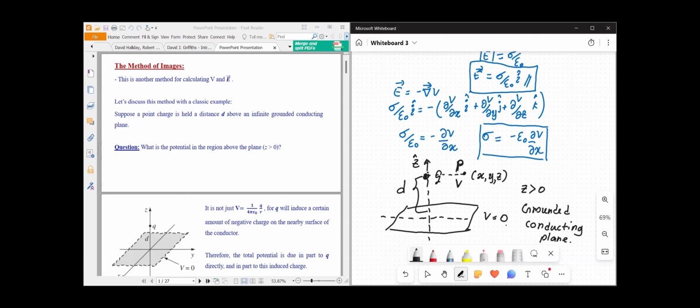So I have a positive charge here. Then we have free electrons in this plane. On this conductor, we have free electrons. So what will happen to those free electrons? Will those be uniformly distributed? Will those be gathered to a certain location? What will happen?